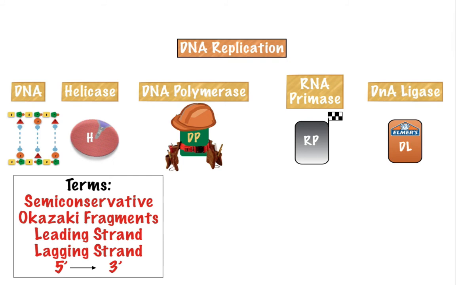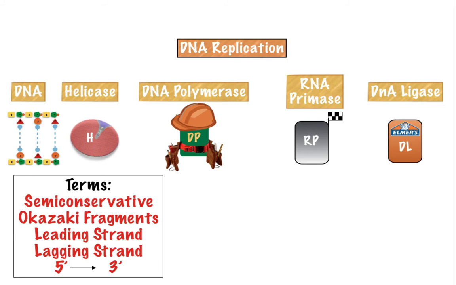I made him into a little construction worker because, well, you'll see why I have these different little images this way. And then we have our RNA primase. It has a starter flag there. And then we have our DNA ligase. Actually, I think this might be a finishing flag, but either way, let's just call it a starter flag. And for DNA ligase, you see I have an Elmer's glue symbol there, and you'll see why later.